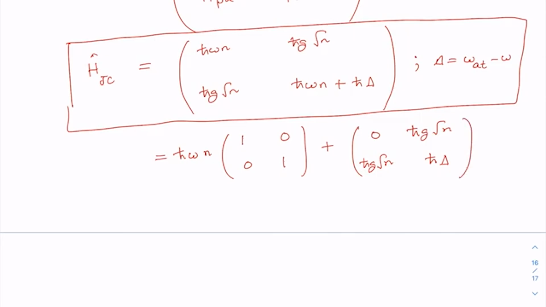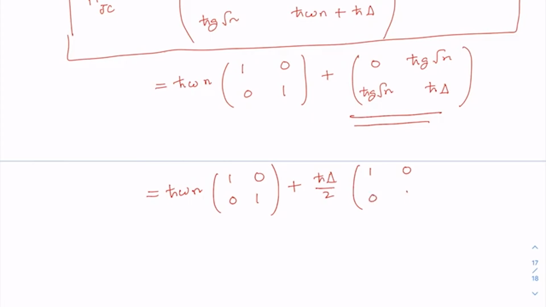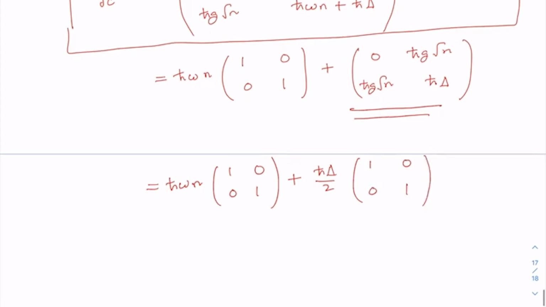It's easy to see, right? And then I can further write this as h cross omega n times 1 0 0 1, and this I can write further as h cross delta by 2 times 1 0 0 1, and I have minus h cross delta by 2 here, and here I write h cross delta by 2.